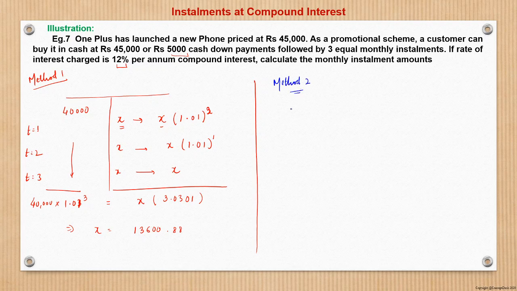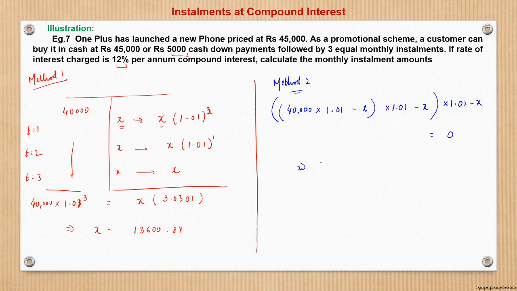Same we will see by method 2. Method 2 is the same. We started with 40,000. During 1 month it will earn interest, becoming 1.01 times, and then a payment of x. Then further this will become 1.01 times, and another payment of x. This whole again becomes 1.01 times, and then another payment of x, and this should be equal to 0.